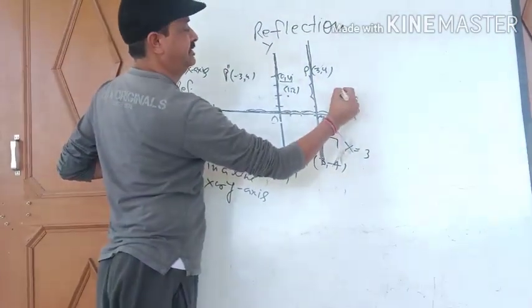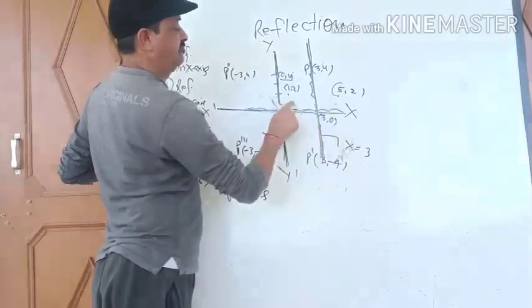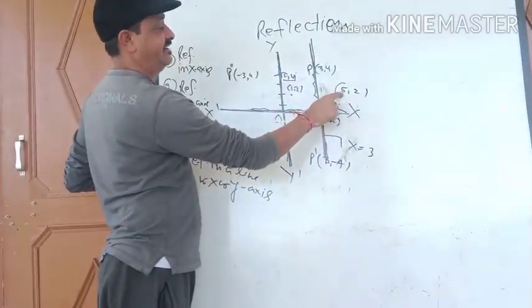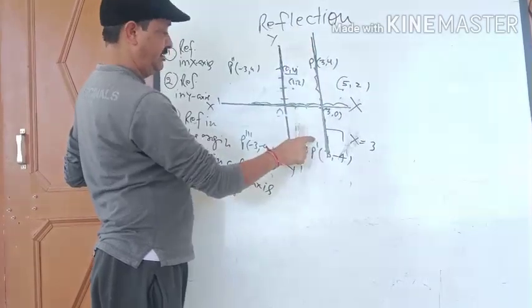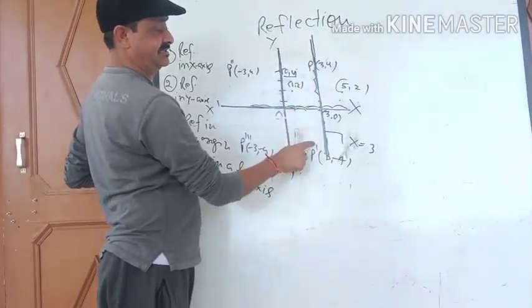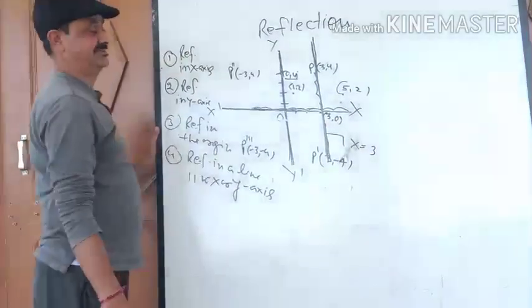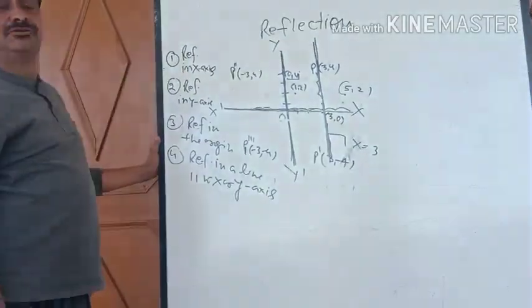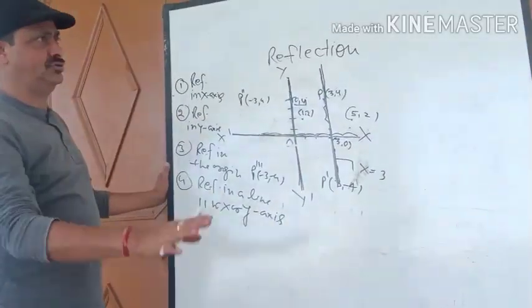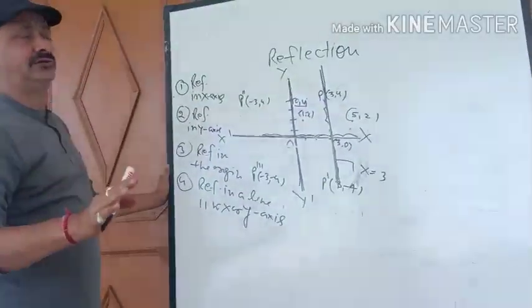So its image will be 5, 2, when 1, 2 gets reflected in a line parallel to y-axis at a distance of 3 units from the origin. Clear? So to understand this concept, you have to draw a diagram.